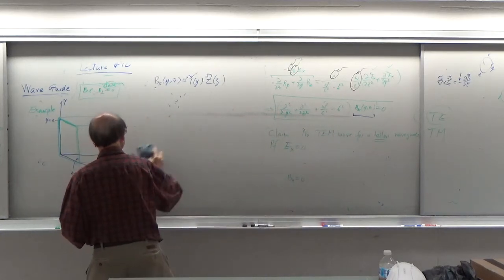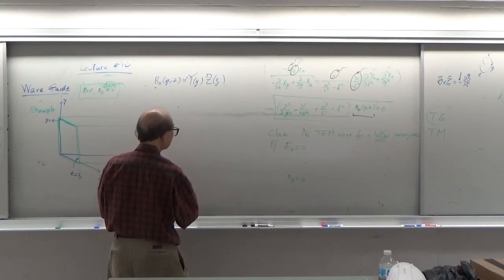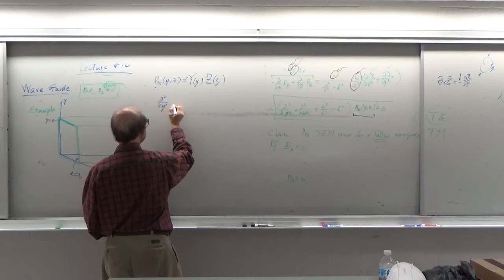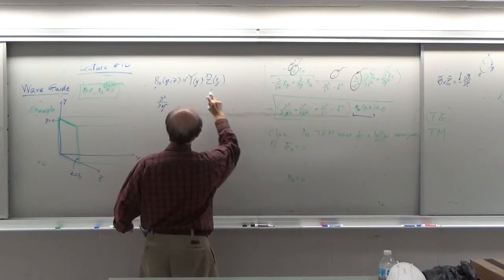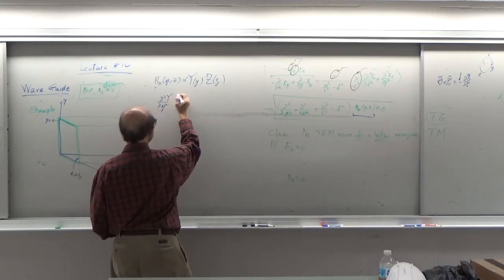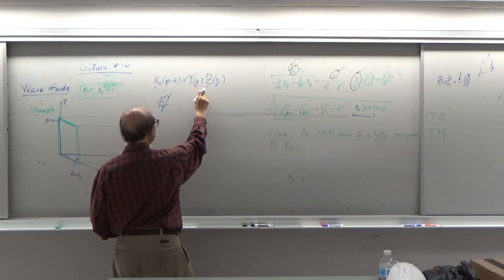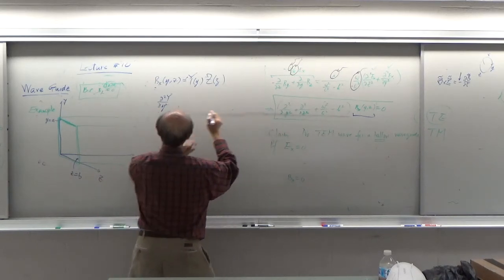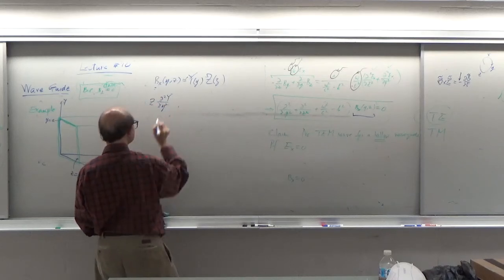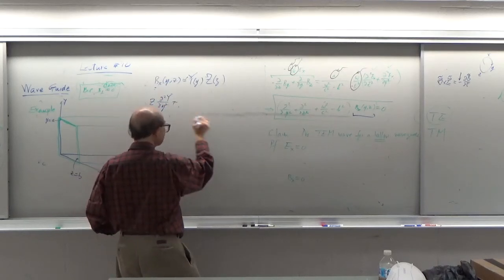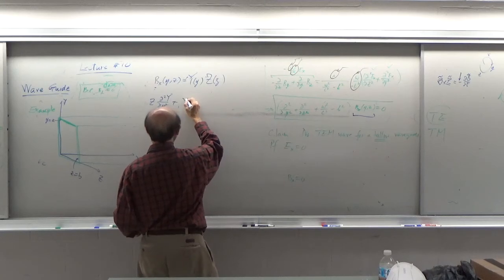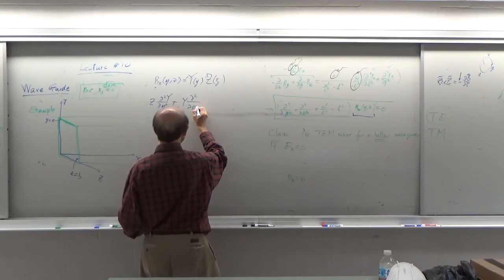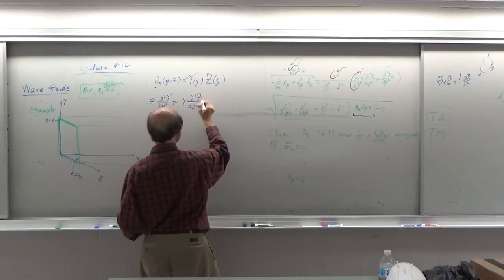So that we will get del by del y squared acting on the Y as a function of y, and this term will leave this factor Z untouched, plus similarly this one, Y times del by del z squared acting on Z as a function of z.